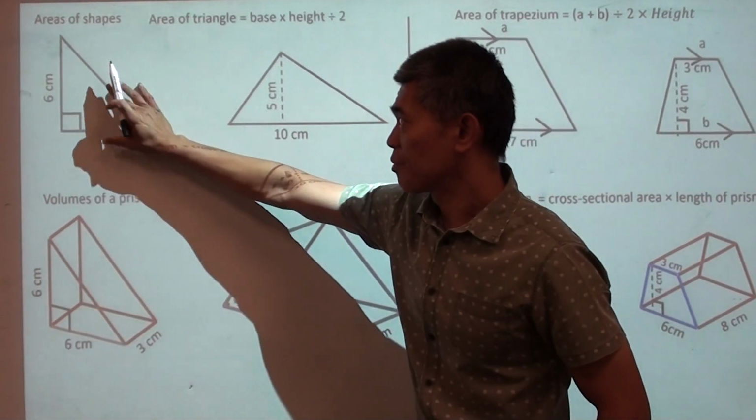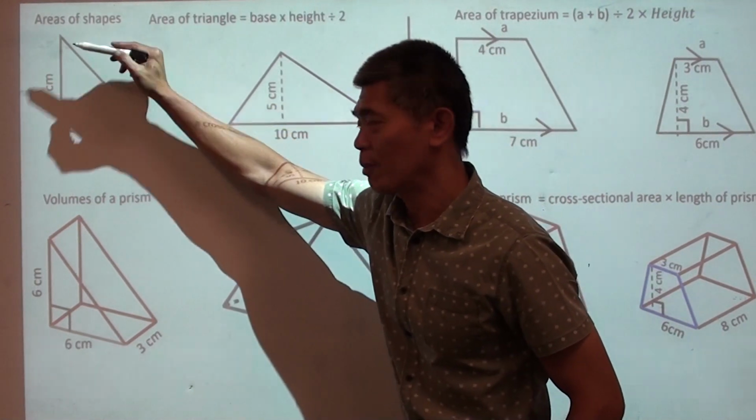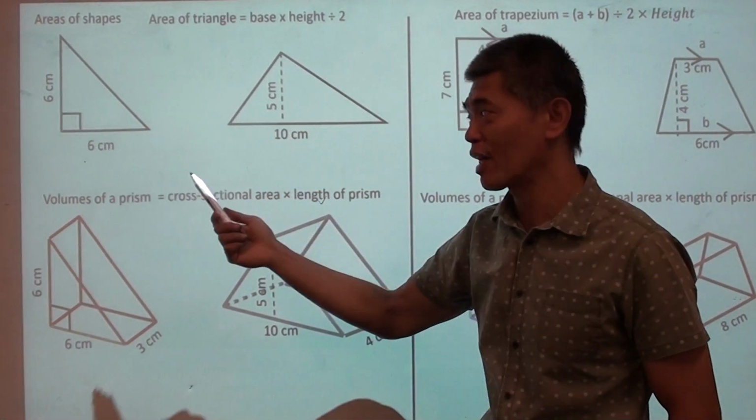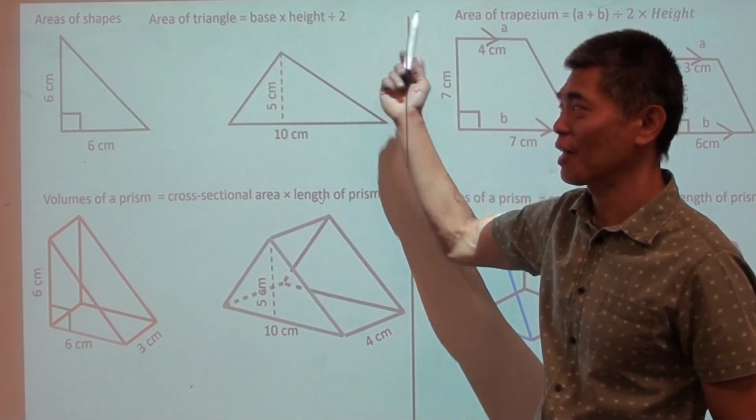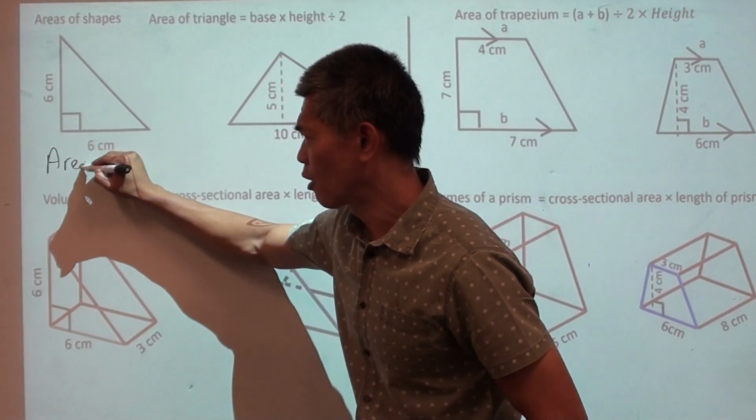First thing we're going to do is find the area of this shape over here. For a triangle, that is half base times height, or base times height divided by 2. So really straightforward.